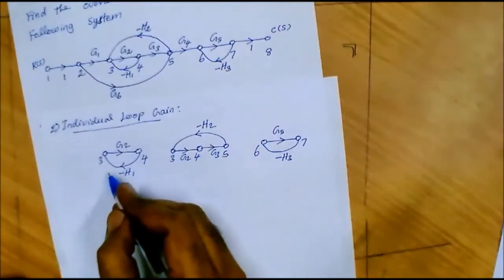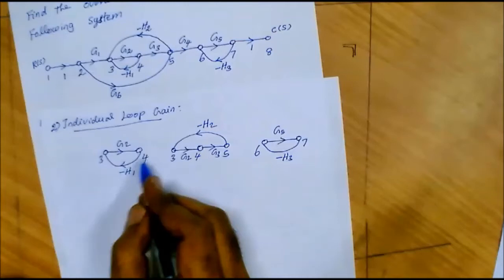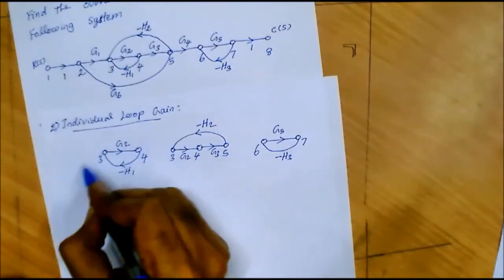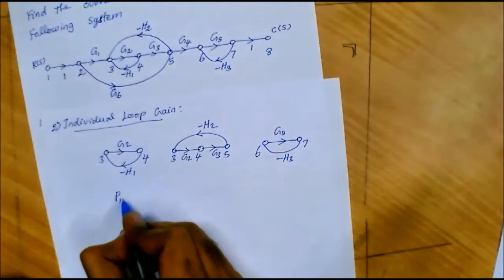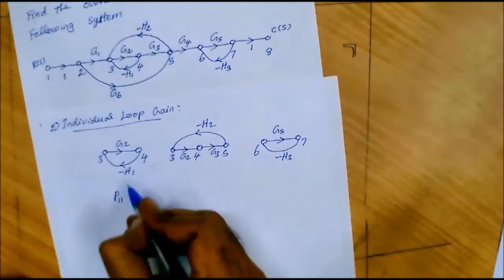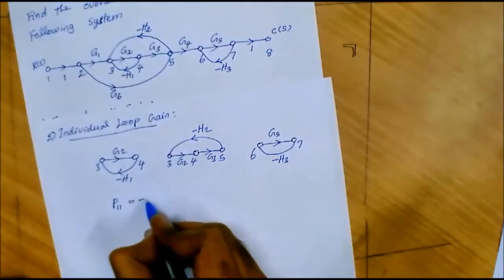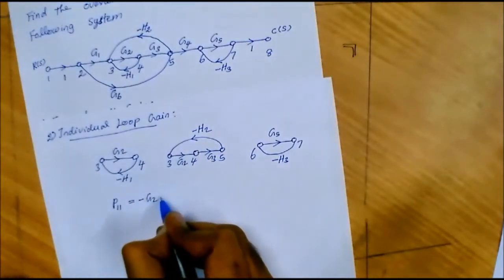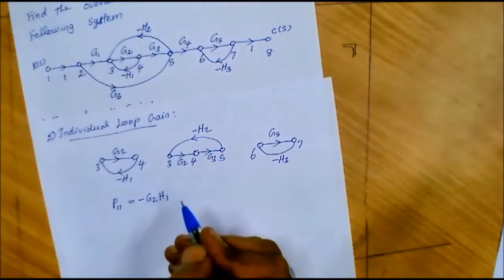So we can find the sum of individual loop gains. The gain of the first loop we can write as P11, which is equal to G2 into minus H1, so it is minus G2 H1.